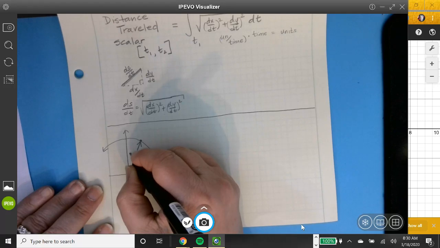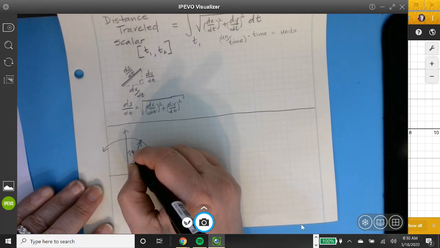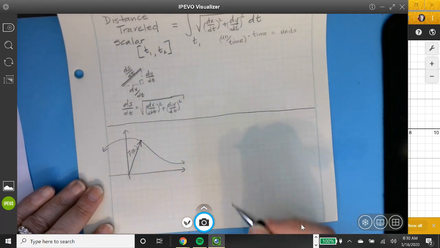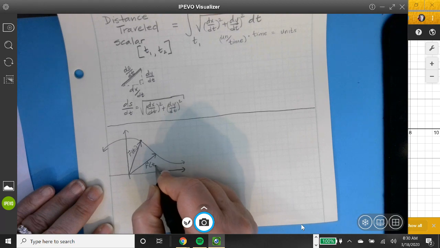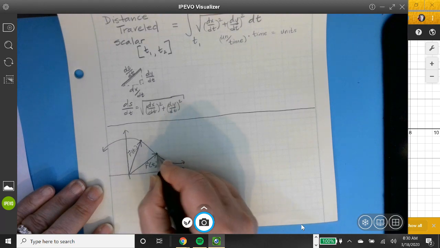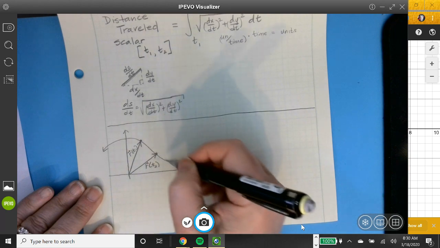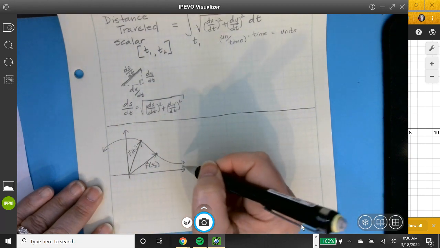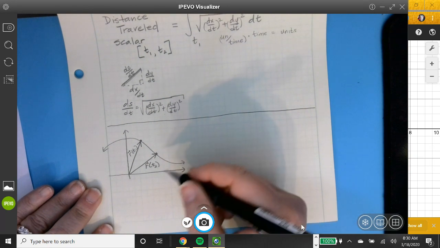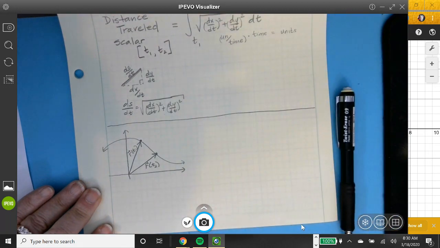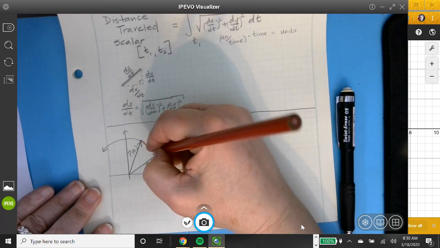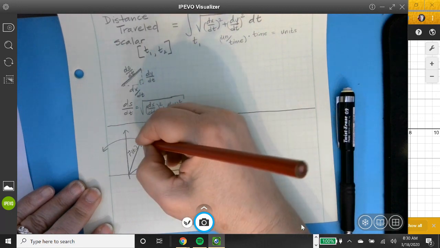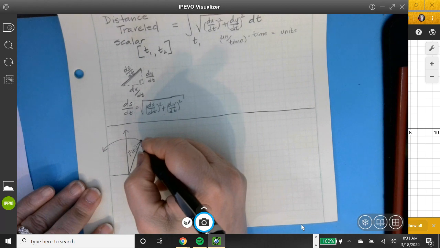So I'm going to say this is r(t1), I don't know if you can read that, and then this is going to be r(t2). So my particle is rolling along its little vector roller coaster here, and the displacement is going to be this vector right here, which is how far the particle was displaced from this point.